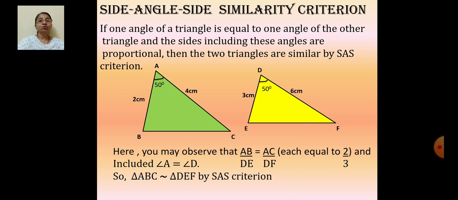So two sides and the included angle. Therefore triangle ABC is similar to triangle DEF by SAS criteria, right? So these are three very important criteria for the similarity of two triangles.